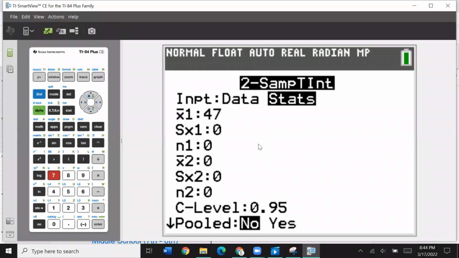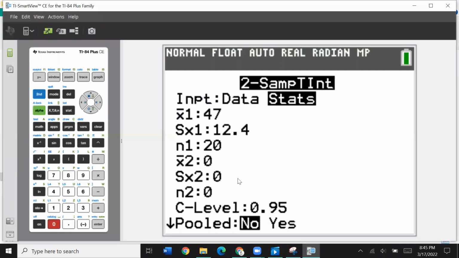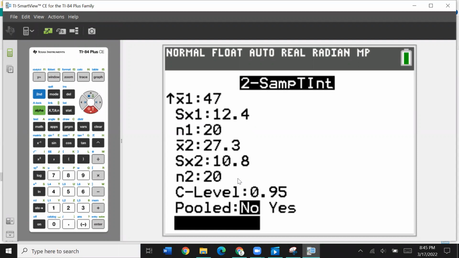So 47, 12.4, and remember, that was a sample of 20. The other one was 27.3, 10.8, also with a sample of 20. It says 95% confidence. Always keep it at not pooled, and we'll make our calculation.